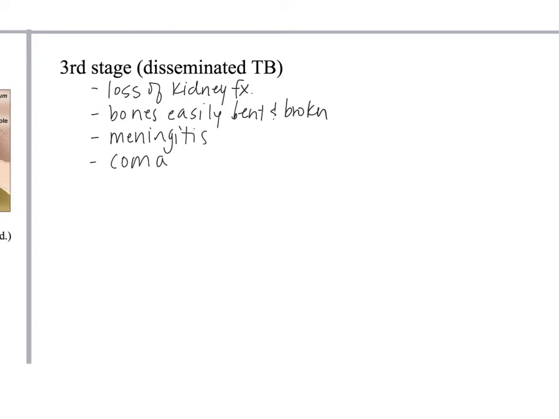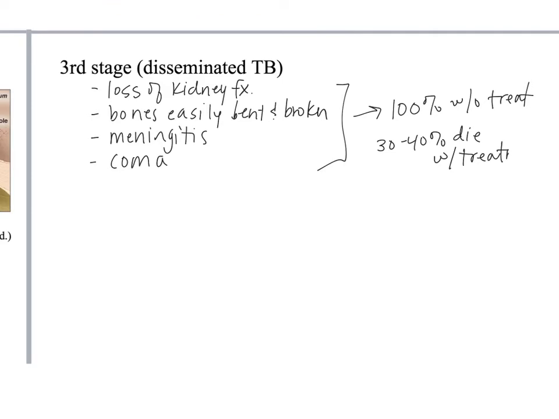Patients go into a coma. Okay, once you start seeing symptoms like this, it's going to be 100% fatal without treatment. So without treatment, and even with treatment, probably 30 to 40% at least are going to die. Okay. All right, so at this point, you're getting to the point of no return.